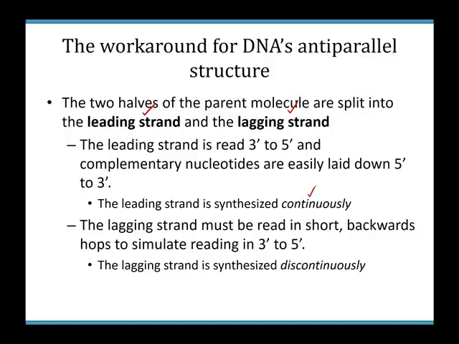The lagging strand we have to read in these little short, weird, backward hops. And we still have to follow our rules. We still have to read, right, 3' to 5', and we still have to write 5' to 3', but as you'll see, it's a weird way that we do it.